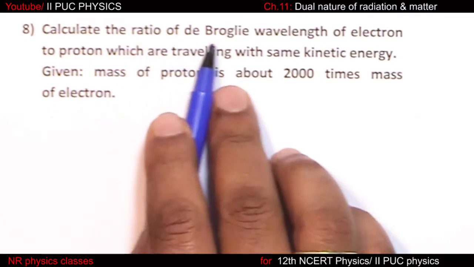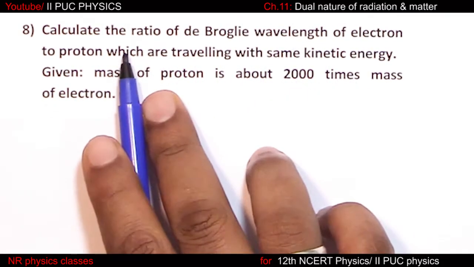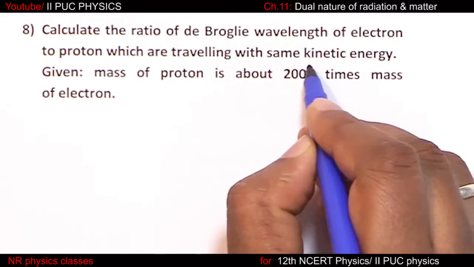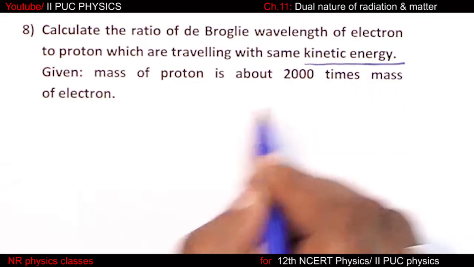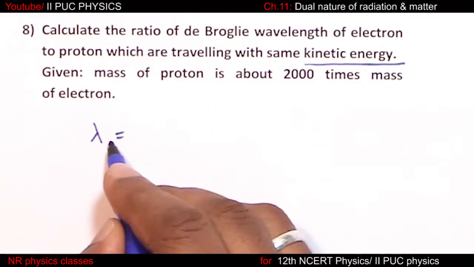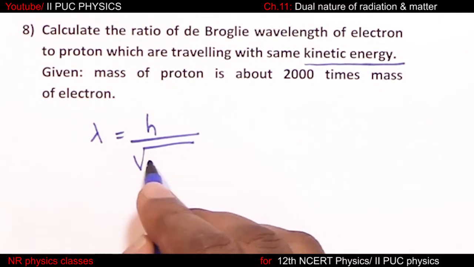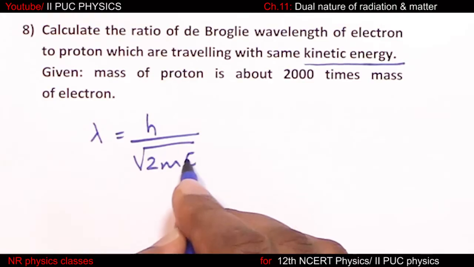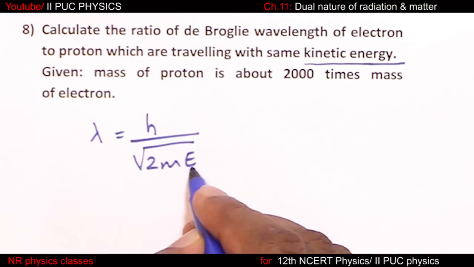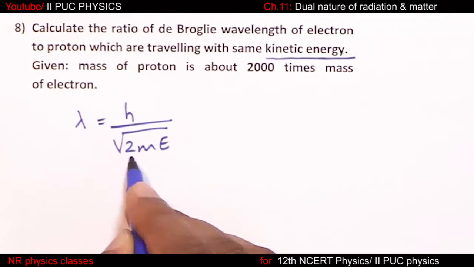Calculate the ratio of de Broglie wavelength of electron to proton, which are traveling with same kinetic energy. So consider de Broglie equation having kinetic energy. So lambda equals h by root of 2mE. Kinetic energy is constant, h is already a constant, 2 is constant.